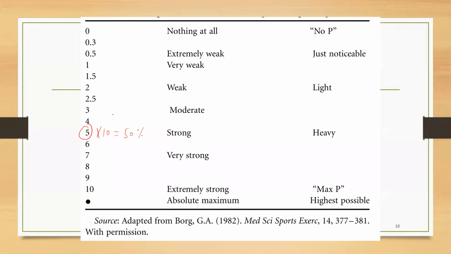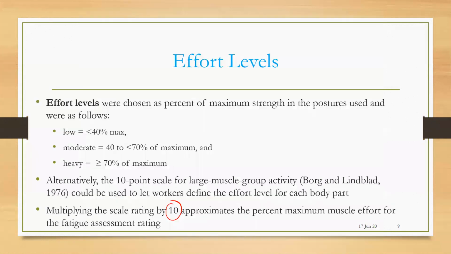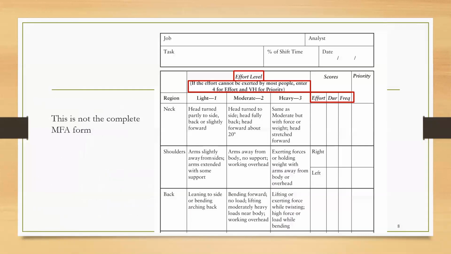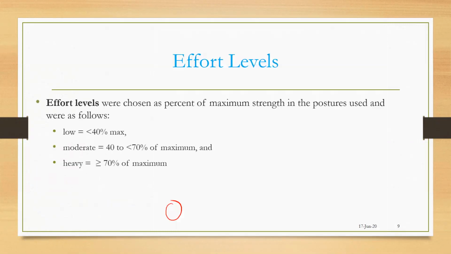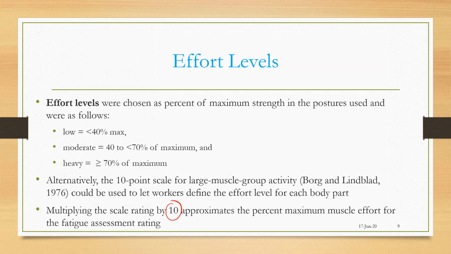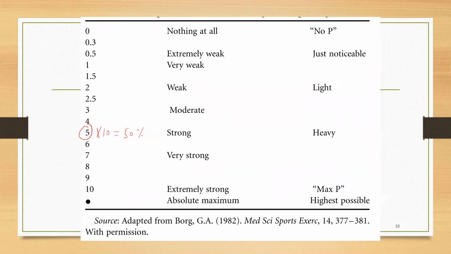But an important point is that we may have to use it for all the muscles that are involved if we don't have another way to decide this percentage. As you saw, there are different body parts like neck, shoulders, and back, and so on involved. But this is a reliable method, to use this CR10 scale.